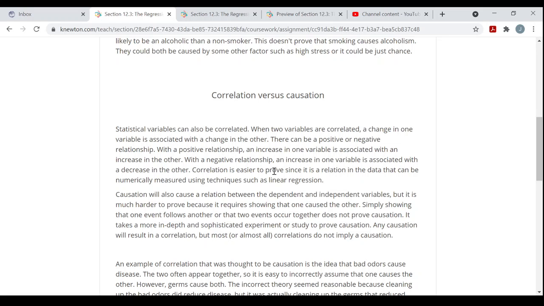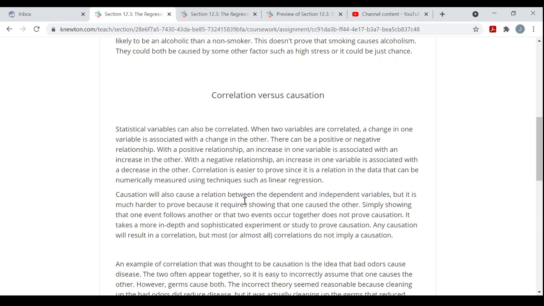Correlation is easier to prove since it is a relation in the data that can be numerically measured using techniques such as linear regression that we've been seeing. Causation will also cause a relation between the dependent and independent variables. So if one variable causes another to happen, there will be correlation.